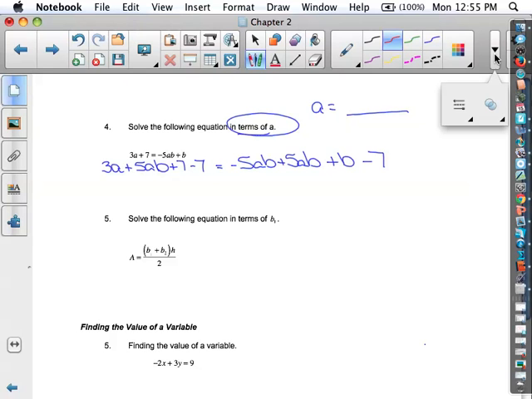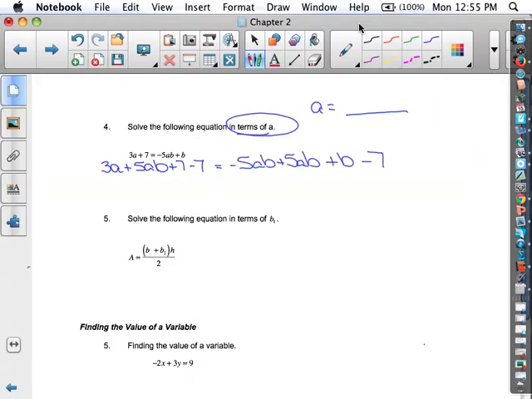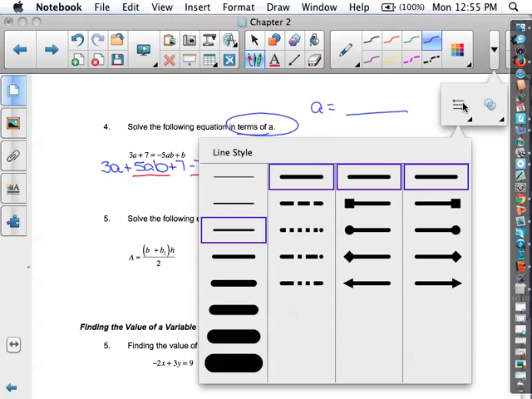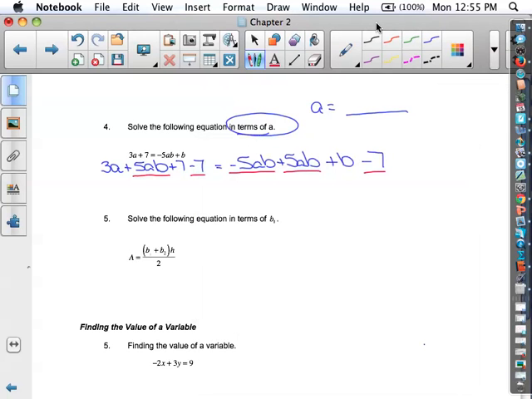So what have I done here? I have added 5AB to both sides, and then I have subtracted 7 from both sides. So now I have 3A plus 5AB is equal to B minus 7.